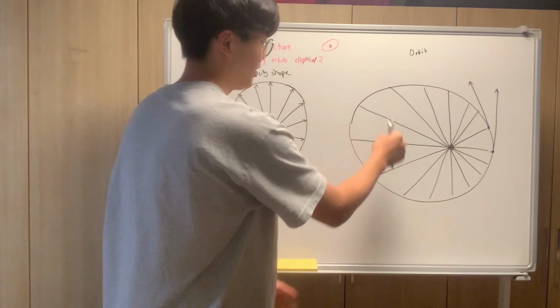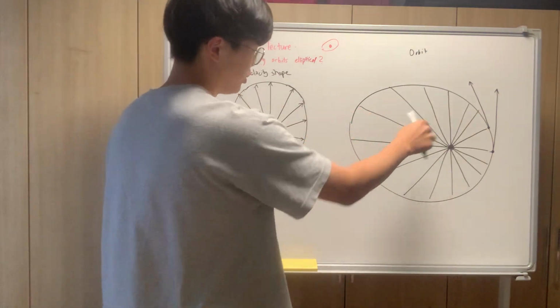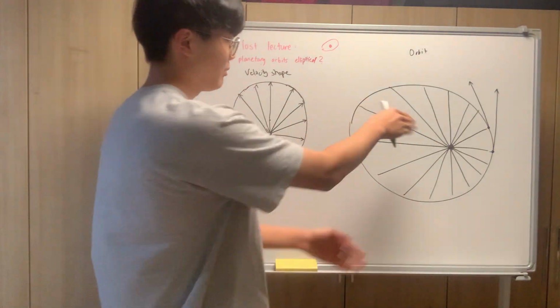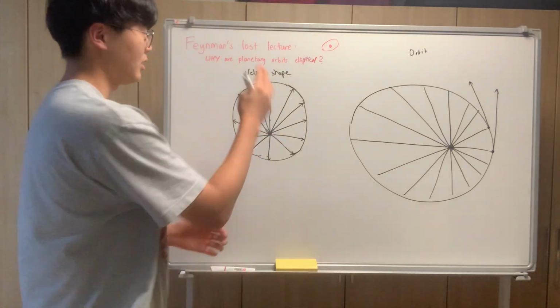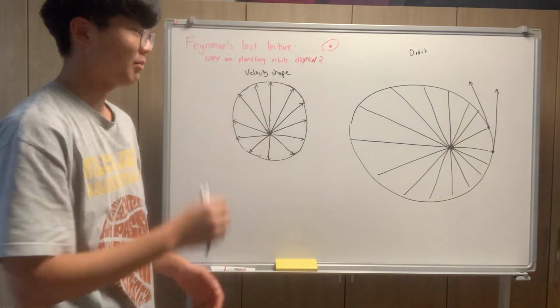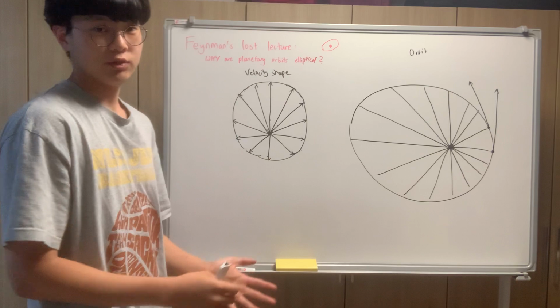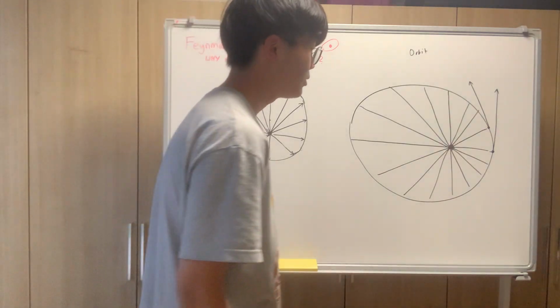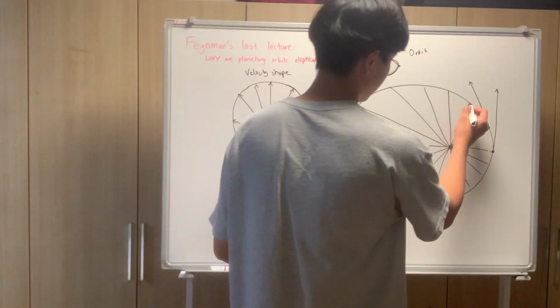When we have infinitely many regions, so d theta, we get a perfect circle. But we're not going to do that because we don't have to. Okay, so we get something like this.